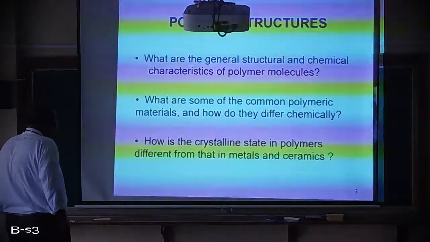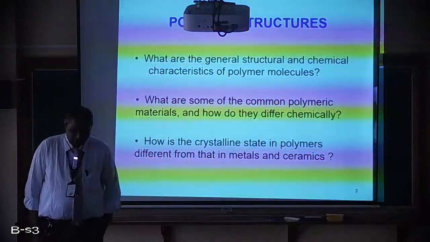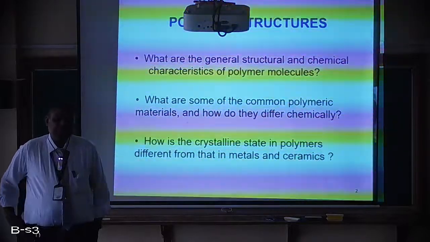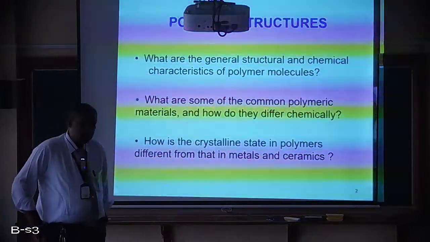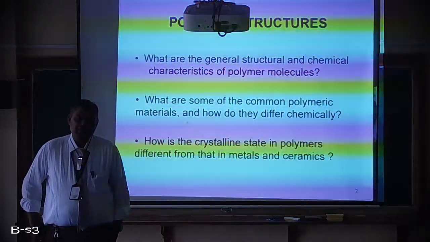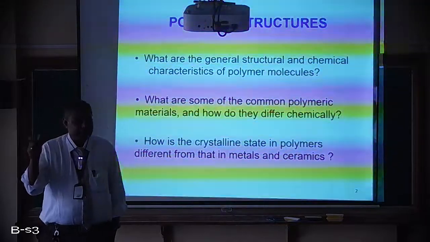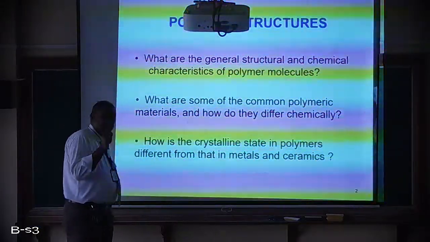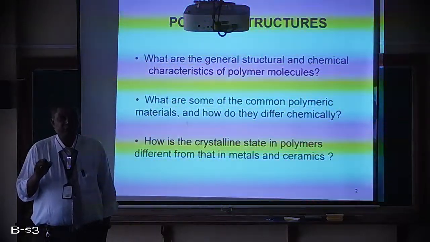Now, what are the general structural and chemical characteristics of a polymer? The arrangement of polymers in a particular order, the structure, decides the strength and properties of the polymers. It depends on whether it is cross-linked, straight, a chain, or blocks, and on the chemical bonding or reaction between the individual monomers.